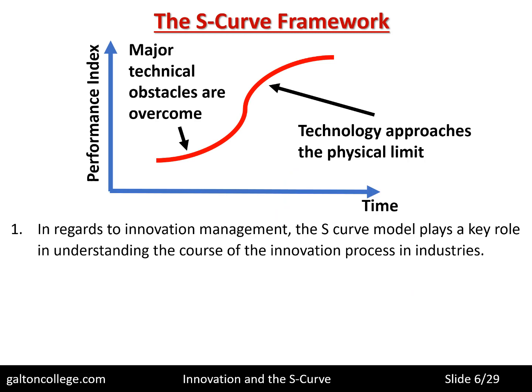So, in regards to innovation management, the S-curve model plays a key role in understanding the course of the innovation process in industries. This curve is talked about in the context of innovation. It's widely understood. It's introduced at some stage when obstacles are overcome and it's integrated into the working practices of the business.